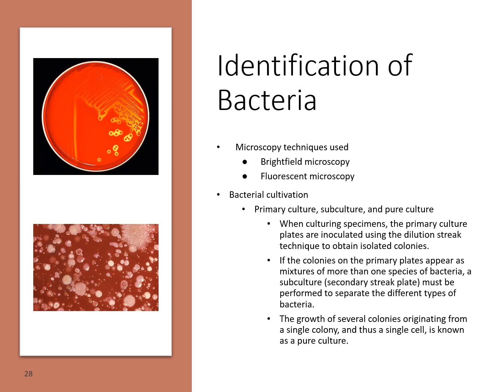You would pick one particular organism, especially if it's something that looks suspicious, and then you would streak it onto another plate to try to isolate it away from any of the other organisms. If the growth pattern is just a single colony, then this is known as a pure culture.